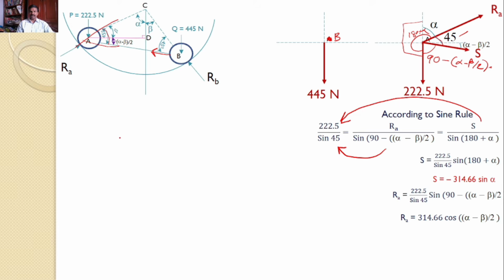First force 445 newtons. Next, string force S along AB, and then RB which acts along the BC. What about the angles? Clearly we can see that BC makes an angle beta with the vertical and S makes an angle alpha minus beta by 2 with the horizontal.